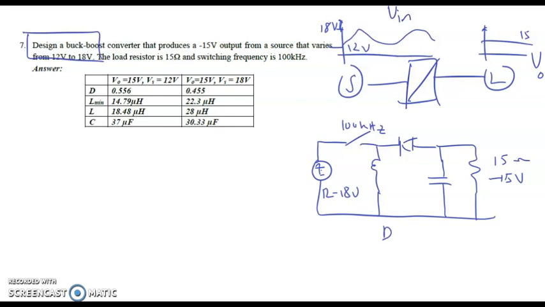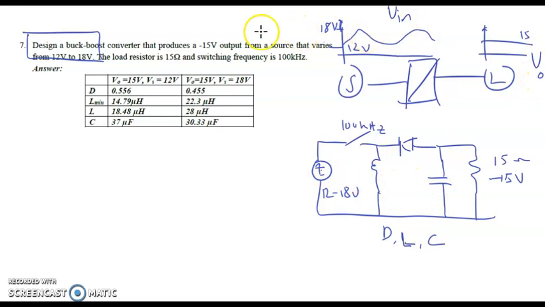So we need to design a buck boost and determine the component values, such as duty cycle, inductor and capacitor. Those are the three things that we need to include, because they are not mentioned yet inside this system.